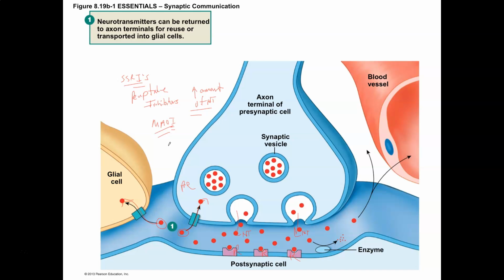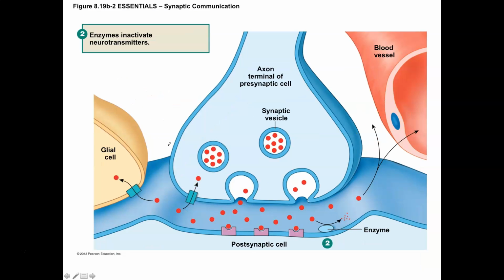So the second example of stopping the neurotransmitter is this idea of enzymatic degradation. So I was just talking about that a little bit. So here we have an enzyme that's being utilized to degrade the neurotransmitter when it's in the synaptic cleft, or possibly when it's in another cell as well. So you may have enzymes for degrading serotonin, like MAO, a monoamine oxidase.